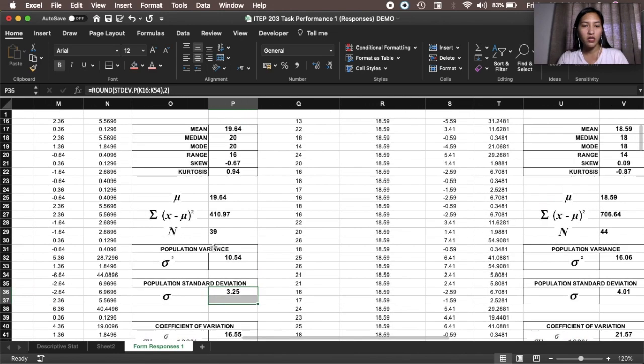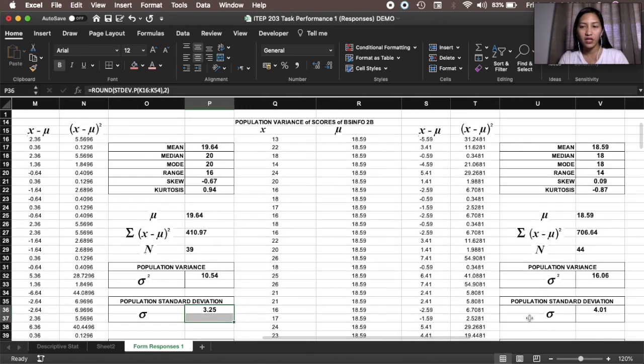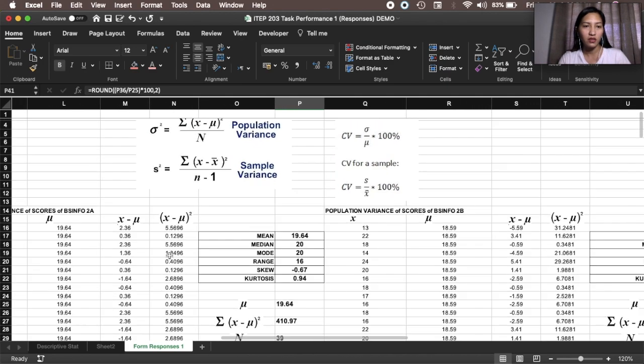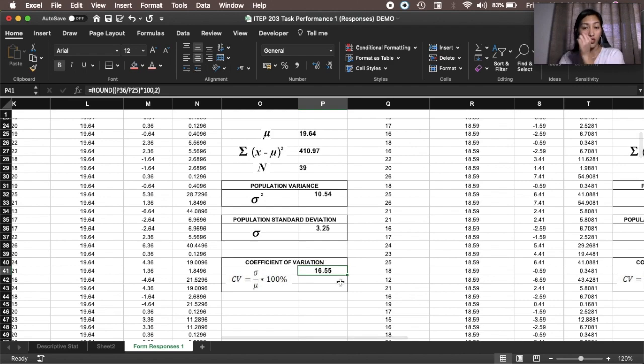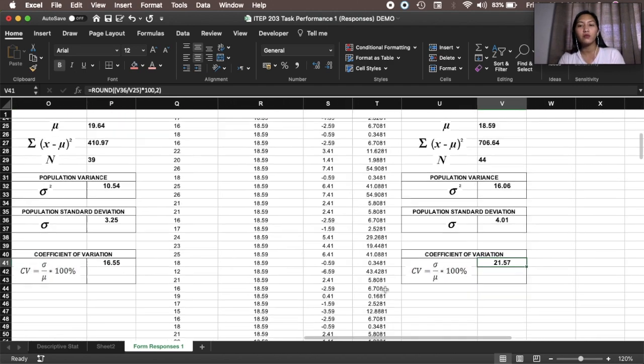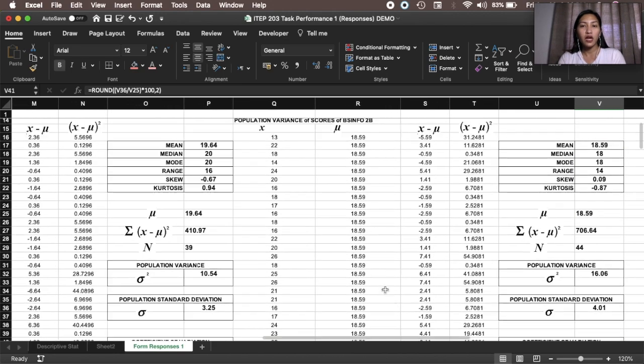itong sa 2A, mas mababa yung value niya kaysa sa 2B ng variance tsaka ng standard deviation, pati na rin yung coefficient of variation. So, yung coefficient of variation niya, this data ng 2A ay 16.55. Ito namang 2B ay 21.57. So, ano mas mataas? Definitely, it is the 2B.